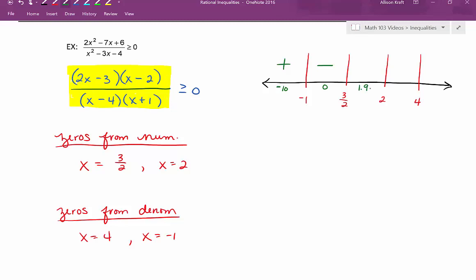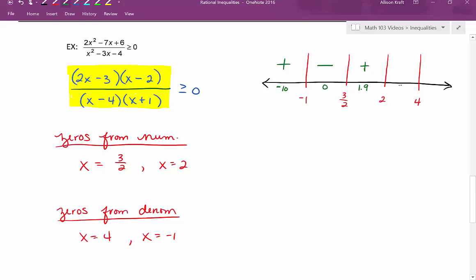Plugging 1.9 into our second factor, x minus 2, that's going to give us a negative. Plugging 1.9 into our third factor, x minus 4, gives us a second negative. And plugging 1.9 into our fourth factor, x plus 1, gives us a second positive. So I have 2 positives and 2 negatives. That's going to give us a positive answer.